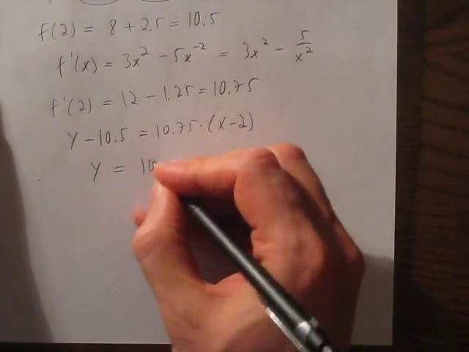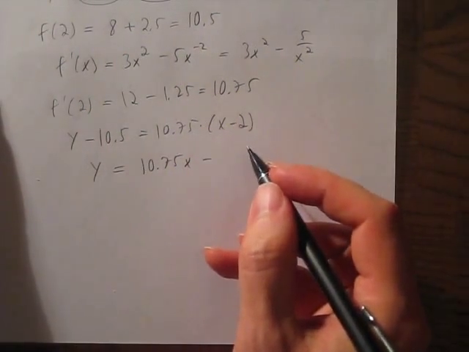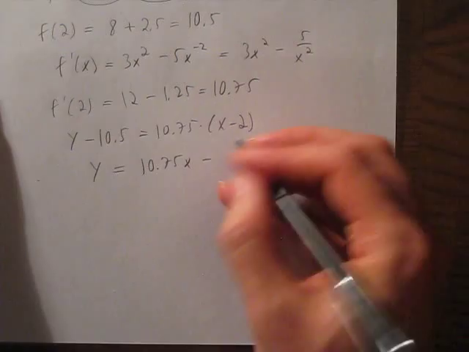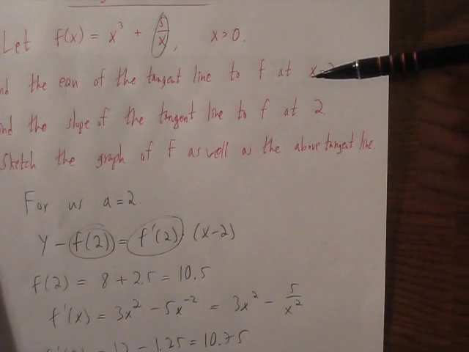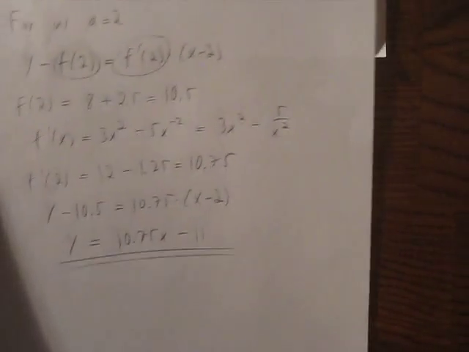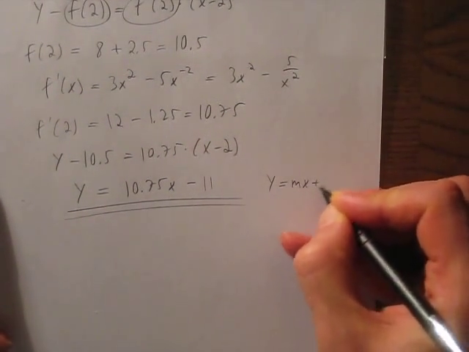So y is 10.75x. Here you have minus 21.5, so you move this over, you get this, which is the answer for the equation of the tangent line to f at 2.